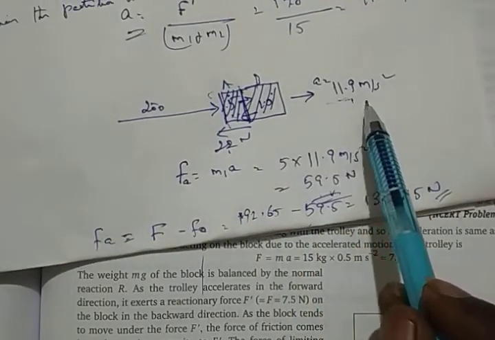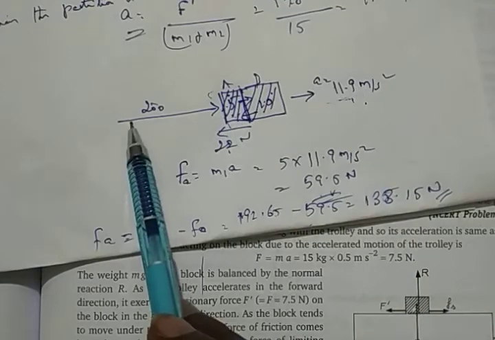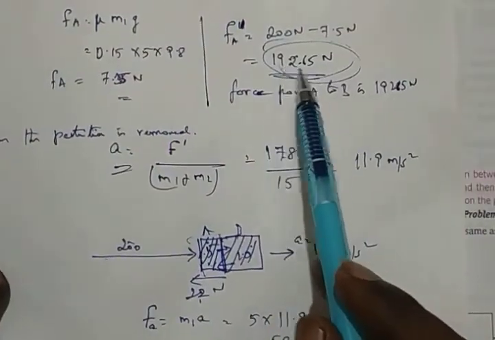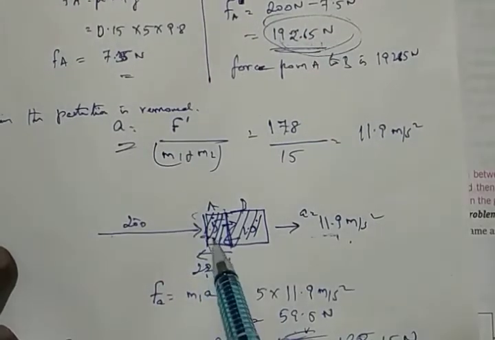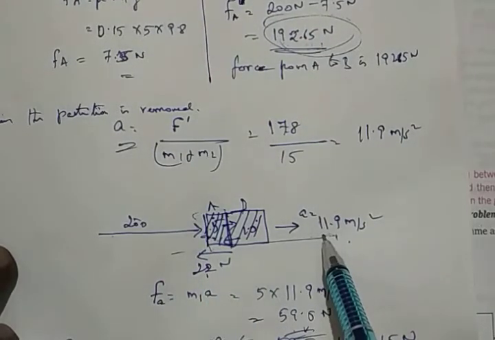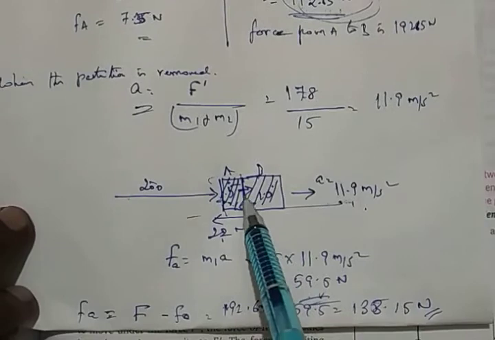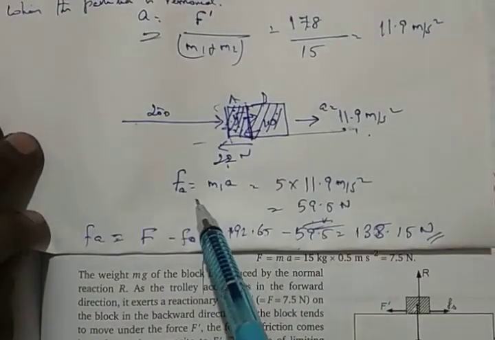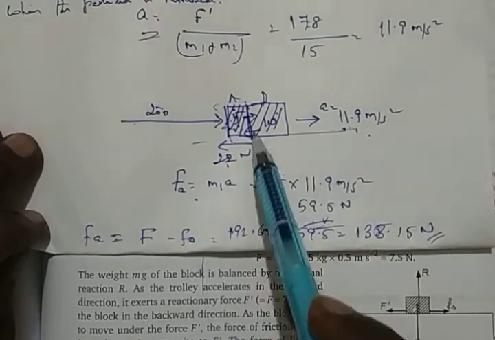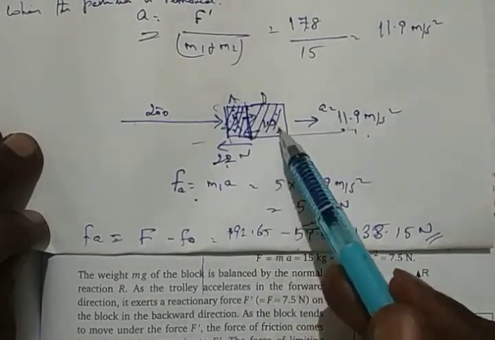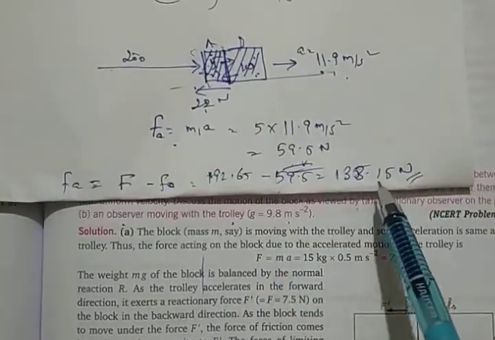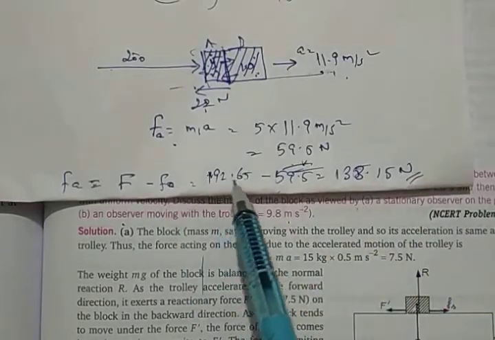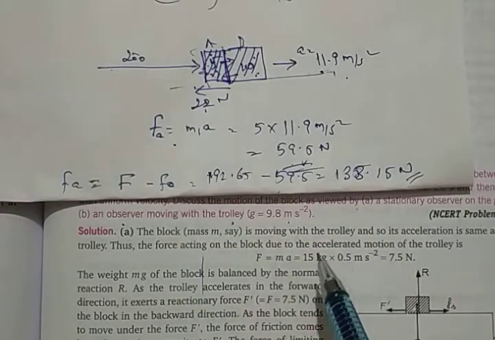Now 192.65 is the force which has been given in the static position. When this is already moving individually with the force of this one, the force given from here and the force given back here will be 133.15, which has to be subtracted from the bigger force which is there. So that is the end of this question.